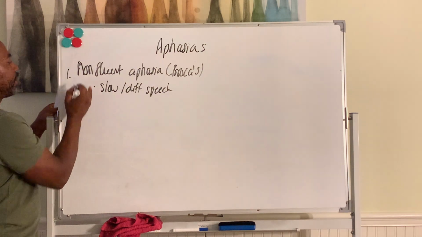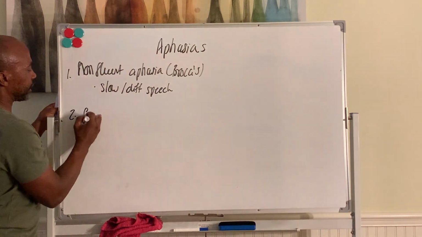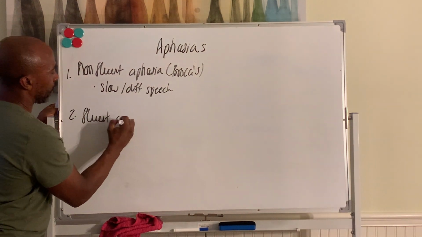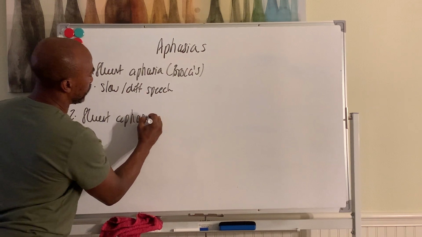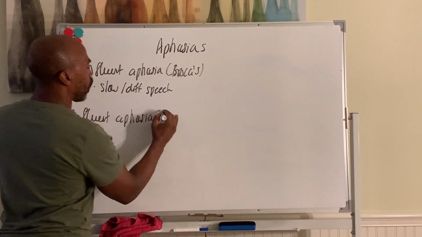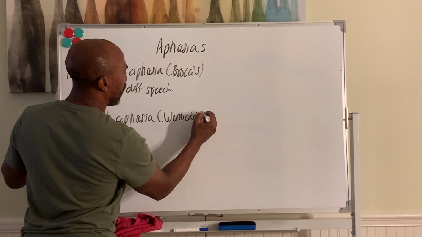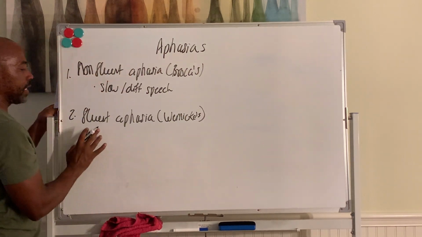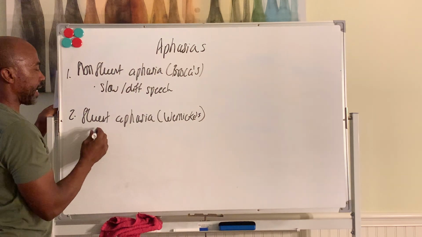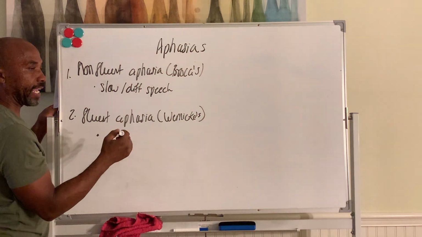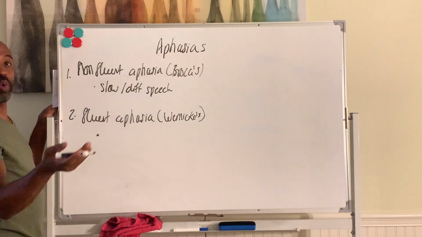Then you have fluent aphasia, also called Wernicke's aphasia. In this case, you've damaged Wernicke's area, and now you speak fluently, but you use the wrong words.